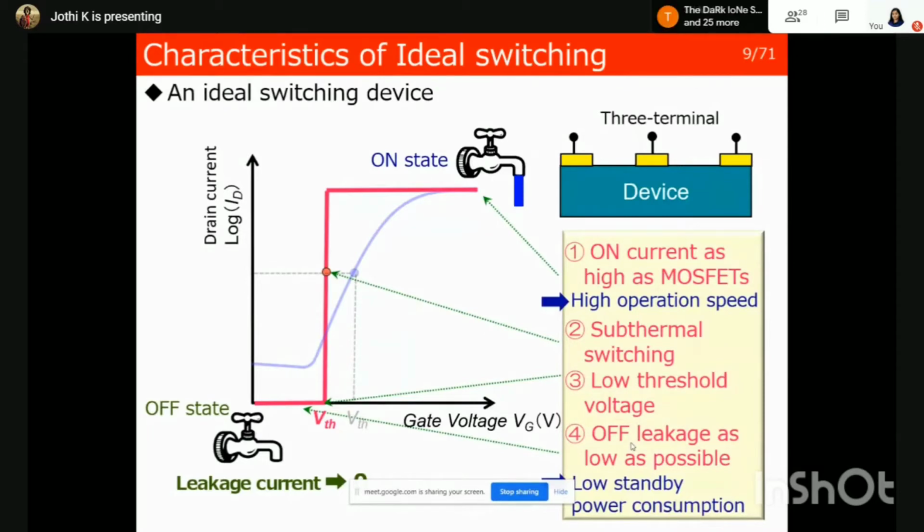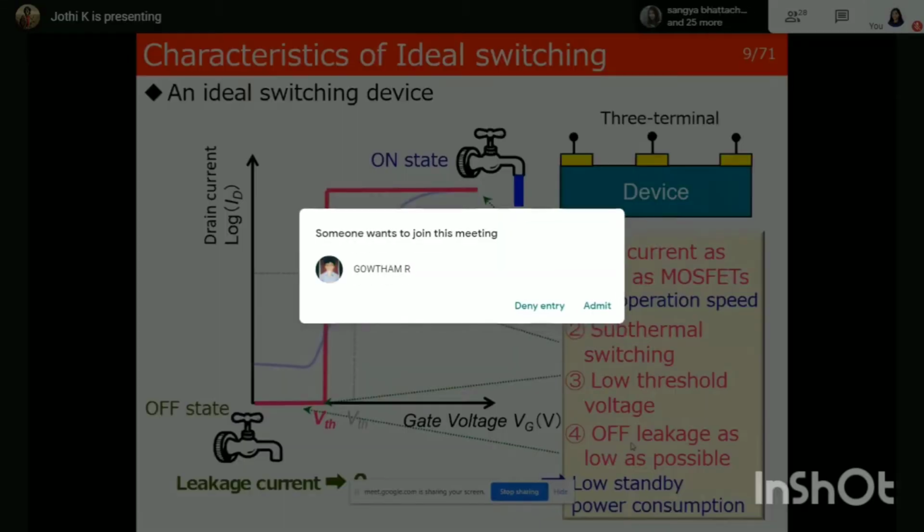What we are trying to achieve is the one in magenta color. We are trying to achieve this magenta kind of characteristics in our device. It has four prime qualities. One is that the on current should be as high as the conventional one we are using now.